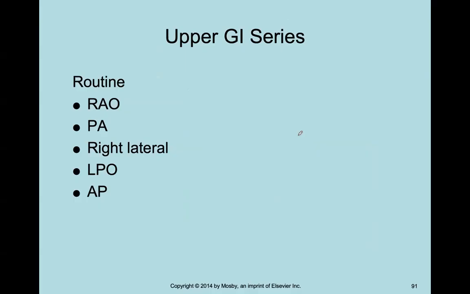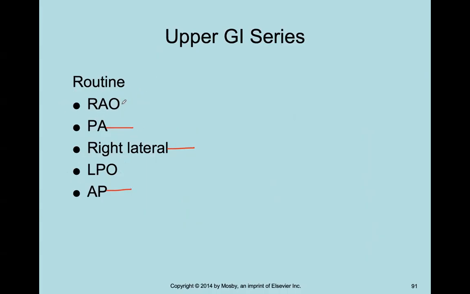Okay, moving on to the upper GI series projections, very important. So we know we have an AP, we have the PA, we have a lateral, specifically a right lateral. We also have an RAO and an LPO.